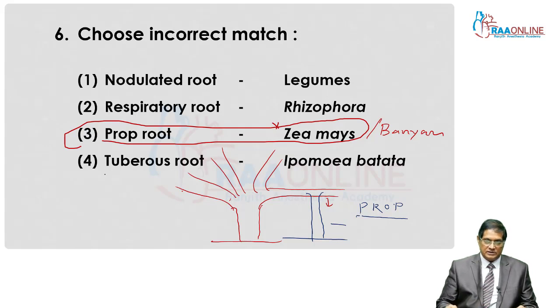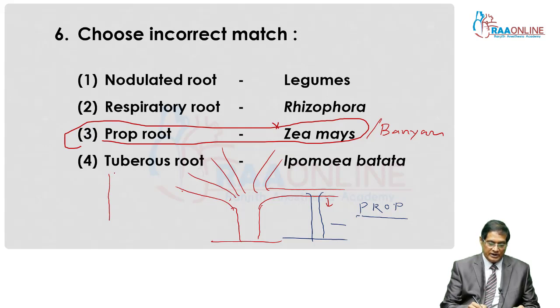Now let's see about maize. What kind of roots are found in maize? In the maize plant, the stem is elongated, and from the basal nodes minute thread-like roots are given.